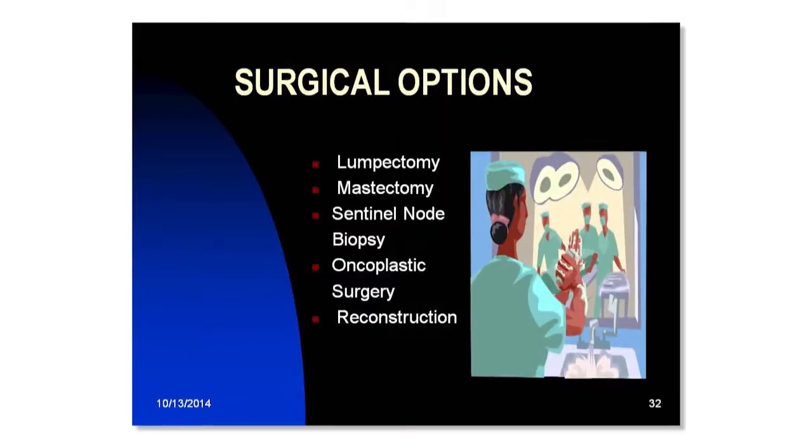Okay, so surgical, we're just going to scan through these. Different types of surgeries, and everybody is an individual, so you have choices. They do recommend the least invasive surgery if they can. Some women need mastectomies, but some women are able to do a lumpectomy with radiation now to get the same result.